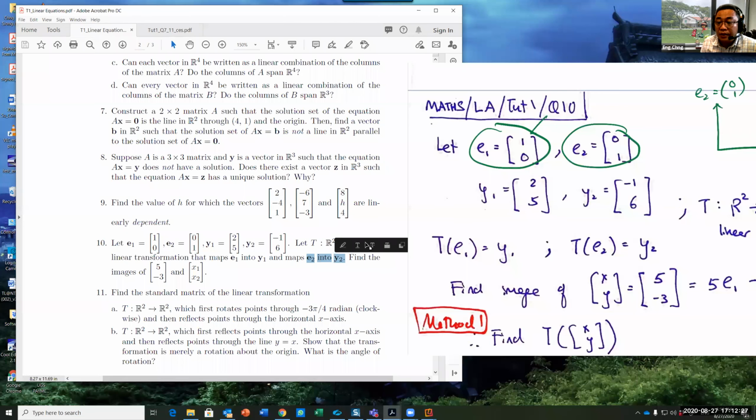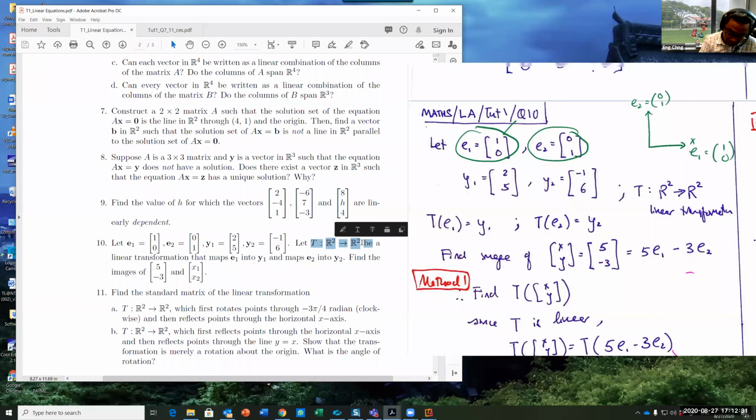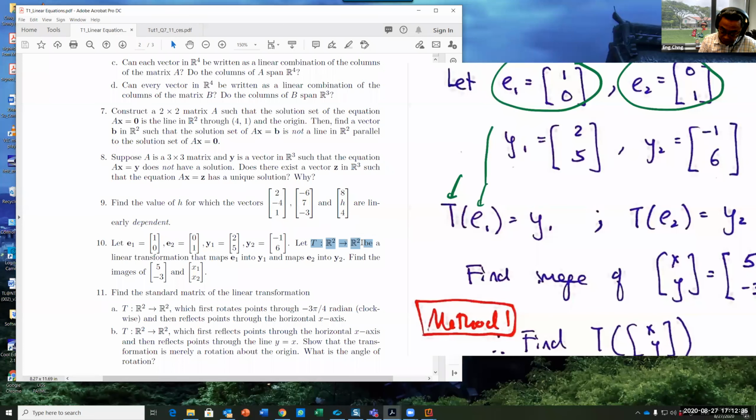T is a linear transformation with its input E1 and its output Y1. The same T acting on E2 produces Y2. So what about all this, what do you call it? This very complicated-looking notation.